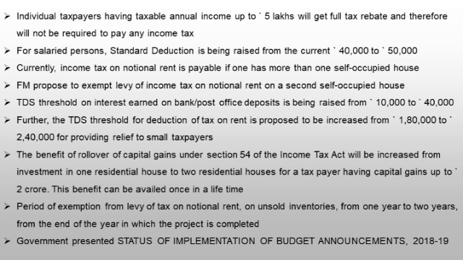Then presently, even if you do not occupy a home, friends, you have to pay income tax on notional rent. That means the tax department assumed that the home has been given as rent, and they used to collect tax.